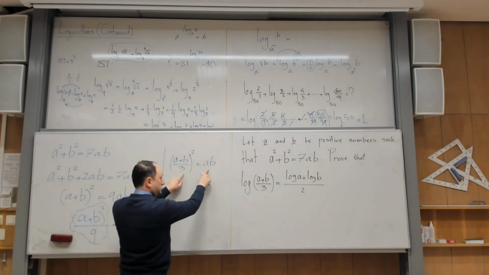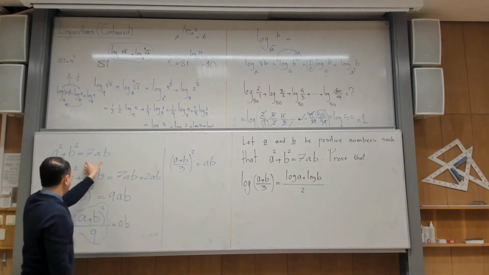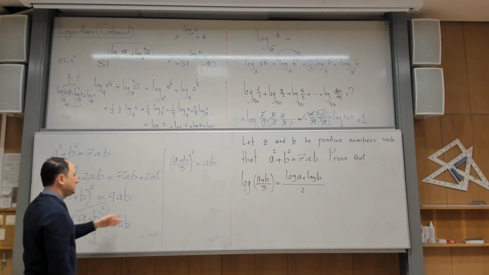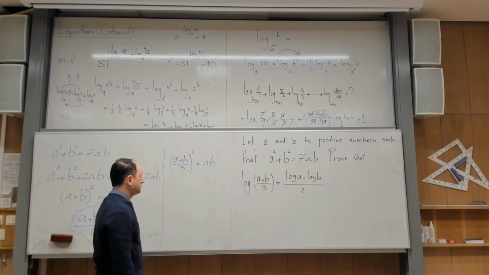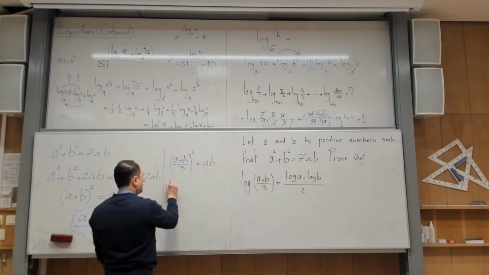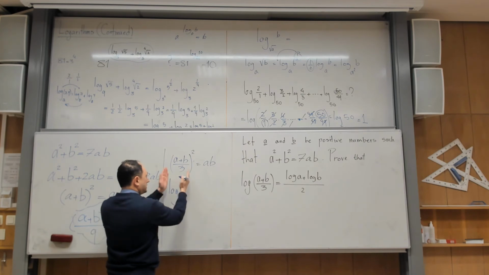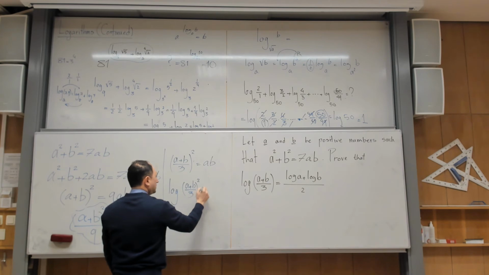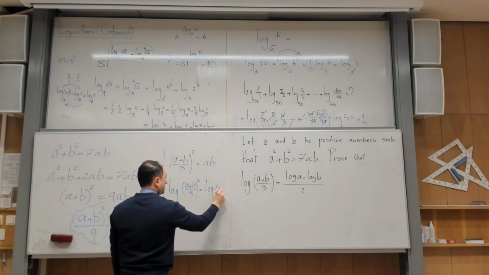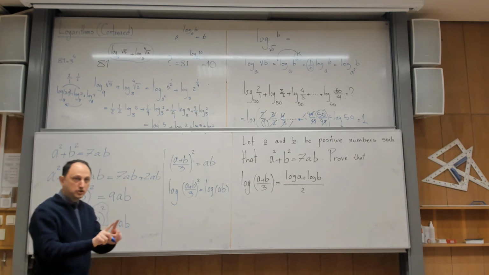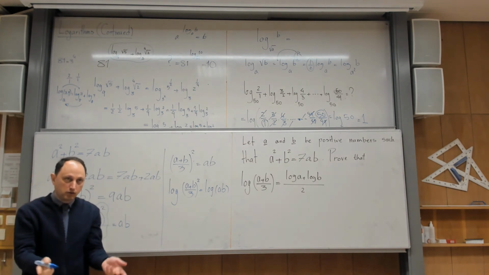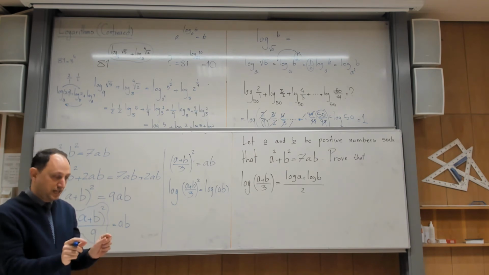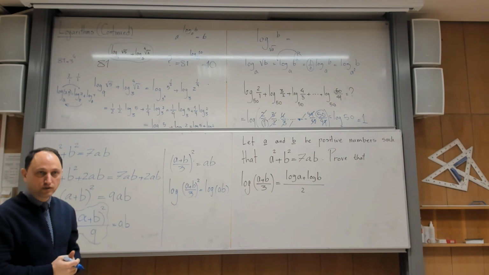You didn't tell me this. You told me this number is equal to this number. Based on my math knowledge, I was able to conclude that this number is also equal to this number. And then when two numbers are equal, definitely the logarithm of this number is also equal to the logarithm of that number. Yes? If two numbers are equal, the logarithms are also equal. Is that understandable? Yes or no? Yes. If I give you the same numbers, the logarithms are also the same.